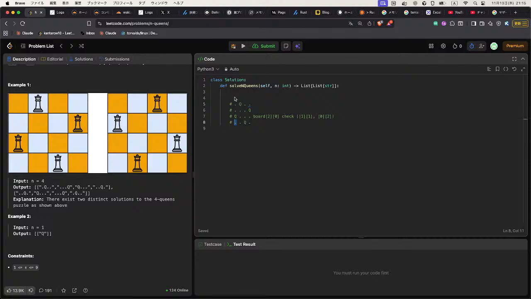But this is not good vertically, and here is not good vertically. So here, vertically good, horizontally good, diagonally good, right? So we can place it.